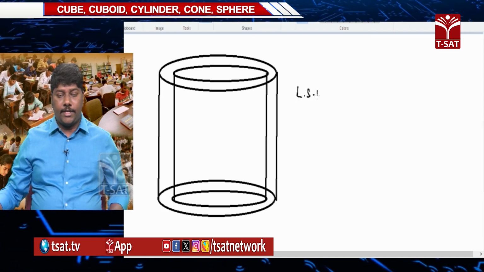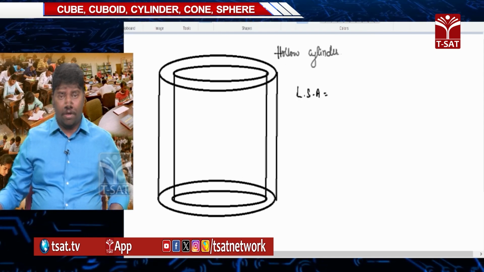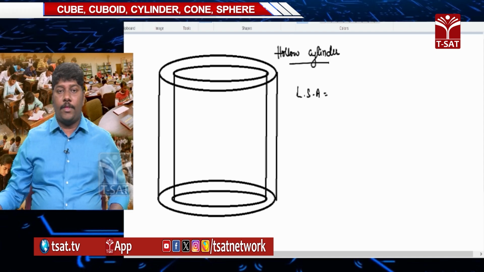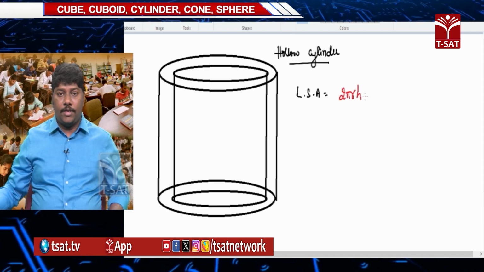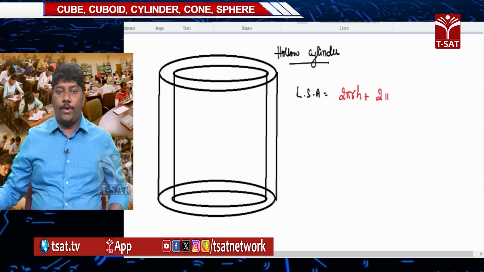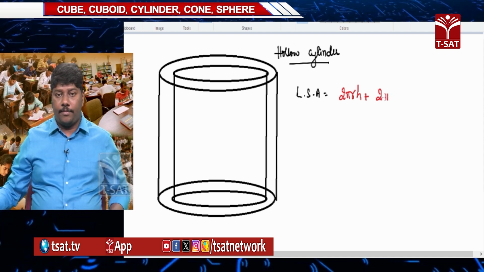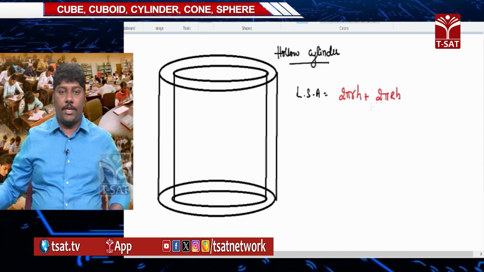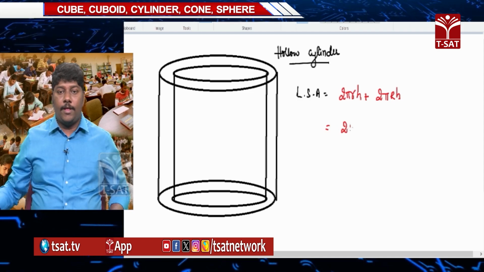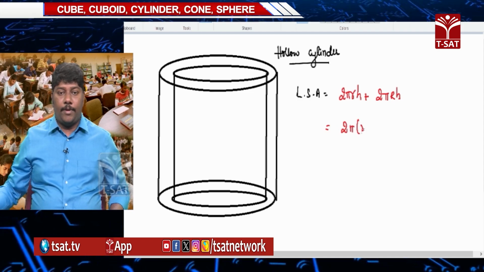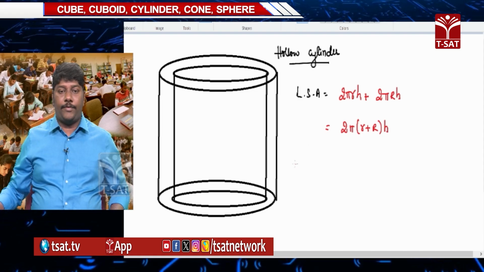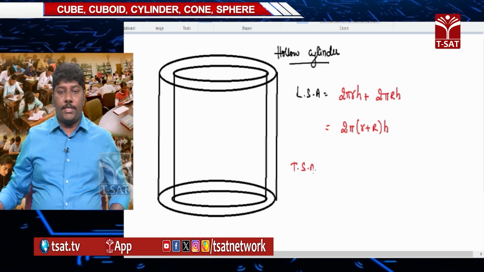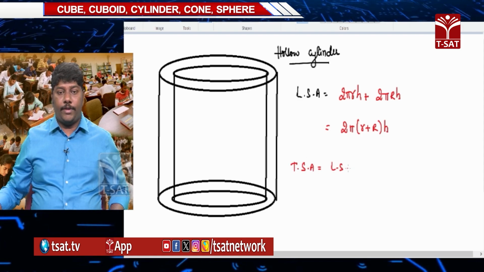The lateral surface area of the hollow cylinder, you can just add the inner cylinder lateral surface area, that is 2 pi r h, and for the outer one the radius you take as capital R, 2 pi capital R into h. h is the same in both the cases, therefore 2 pi (small r plus capital R) into h is the lateral surface area.